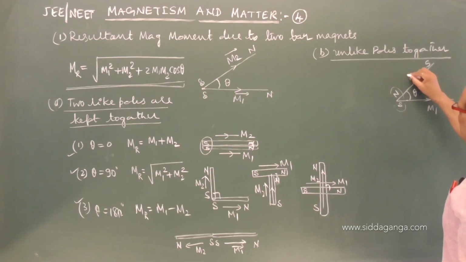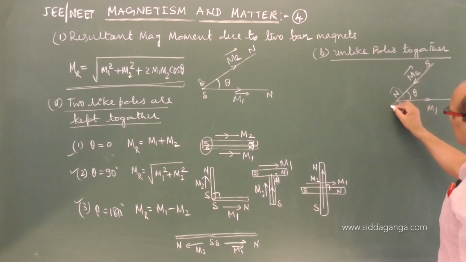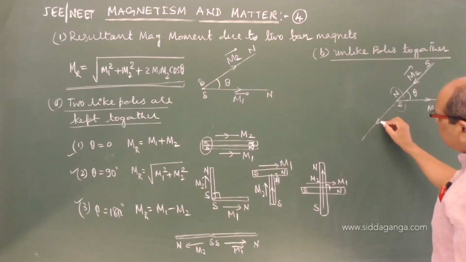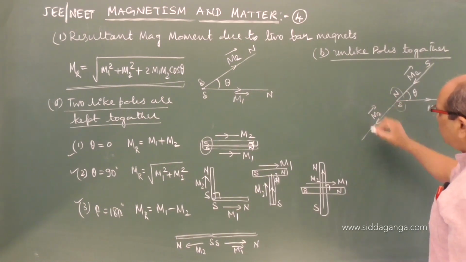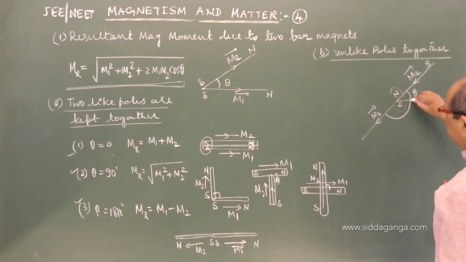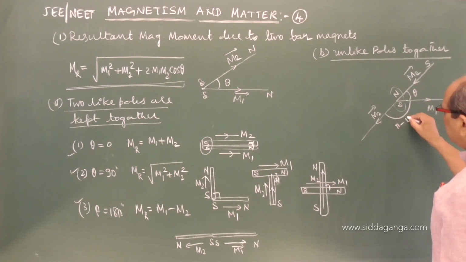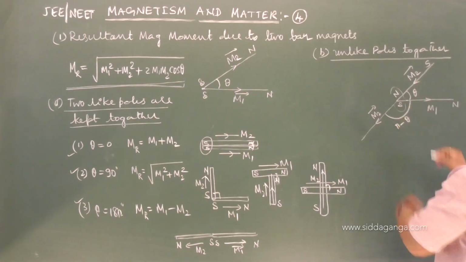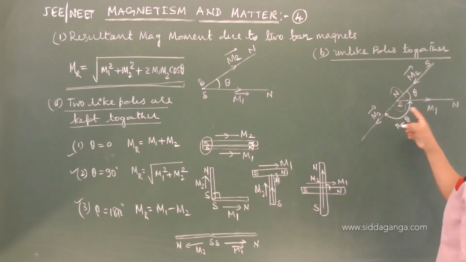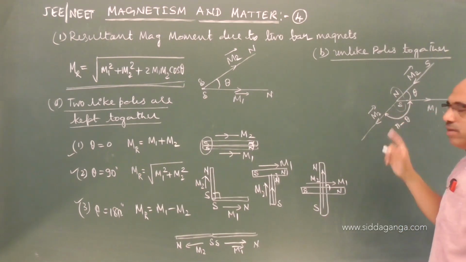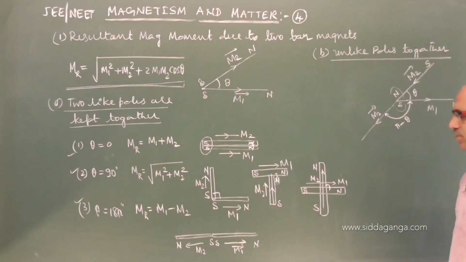You know the moment acts from S to N. Then I extend it towards this as M2. And the angle that it becomes is pi minus theta. Total is 180 degrees. Now the angle between M1 and M2 becomes pi minus theta.